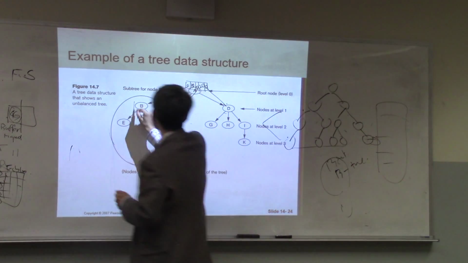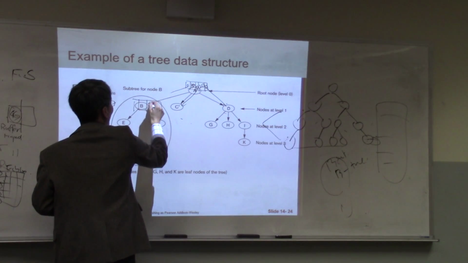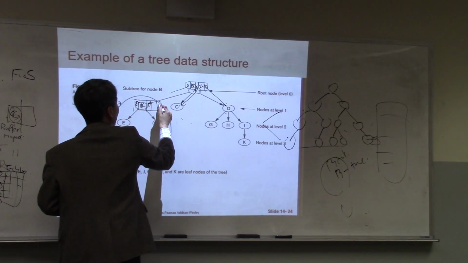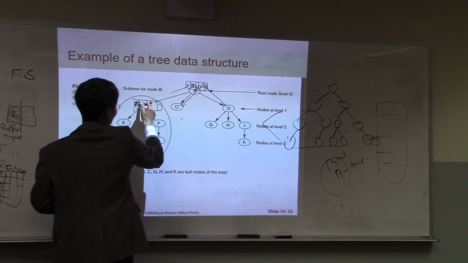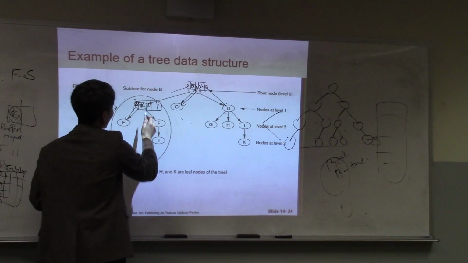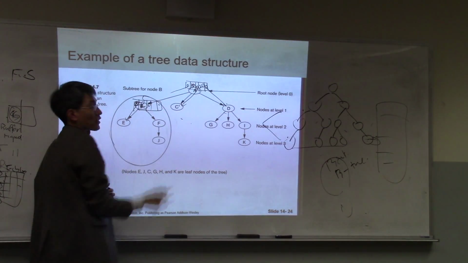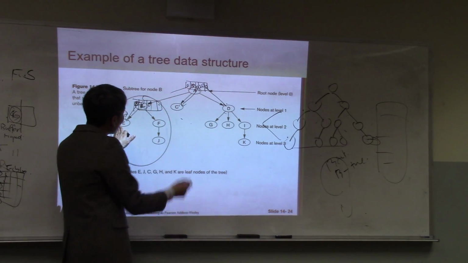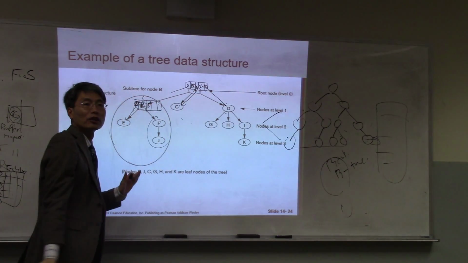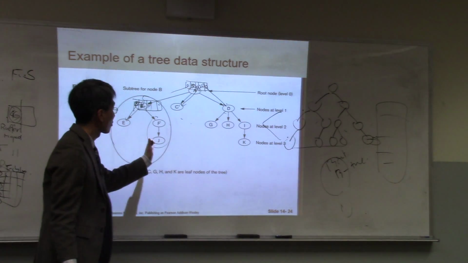And B has the same structure: pointer and key, pointer and key. This one is E, a child pointer. Then this is a 5, let's say. Less than 5 goes to this one, higher than 5 goes to here. Another subtree.